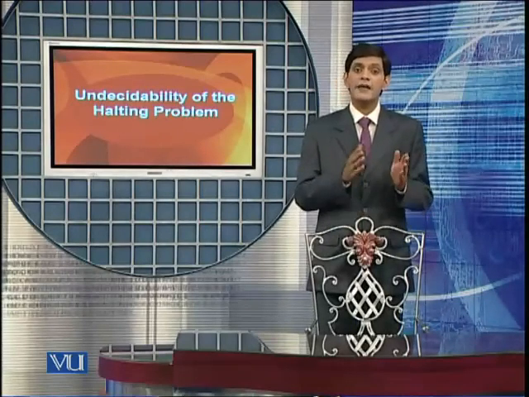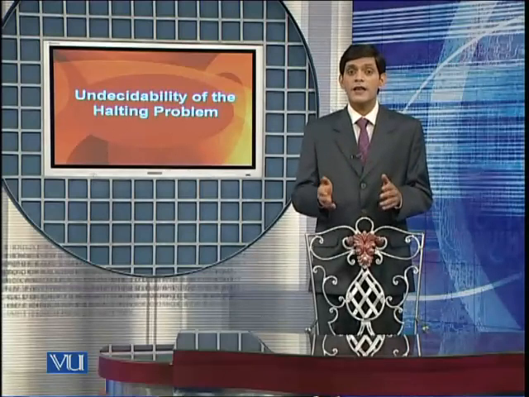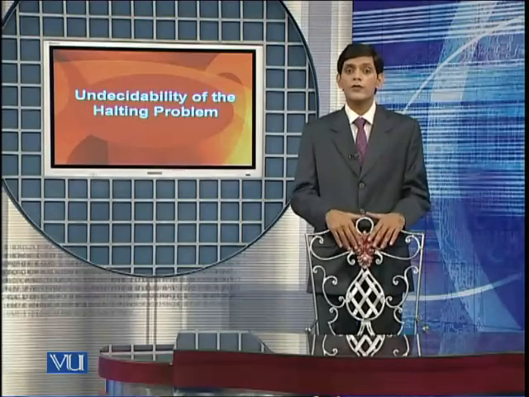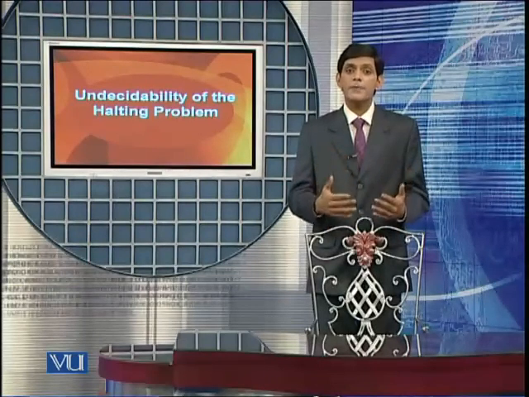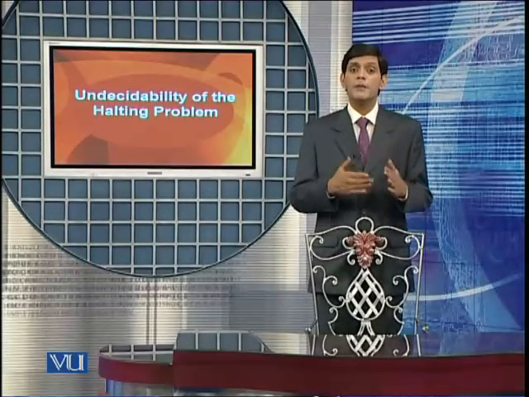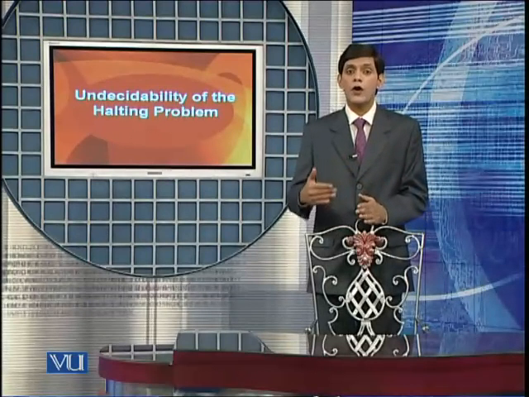On the other hand, if M does not halt, then U does not halt also. So this shows that the halting problem is Turing recognizable, but we can prove that it's not decidable.